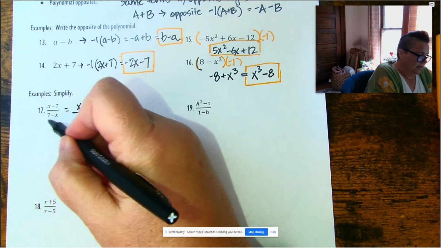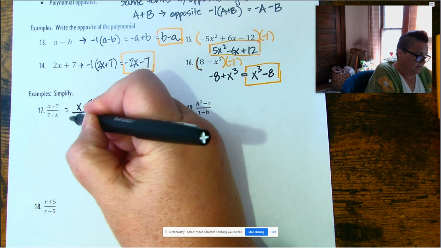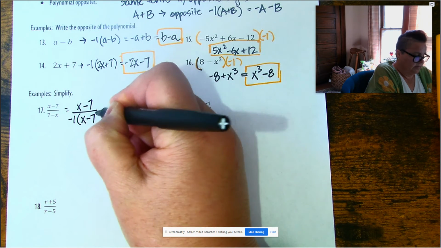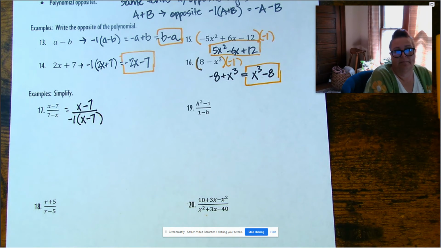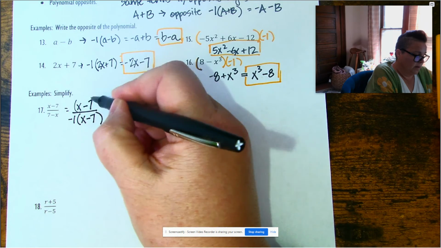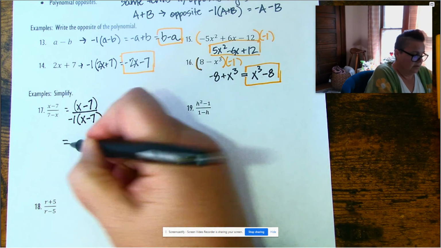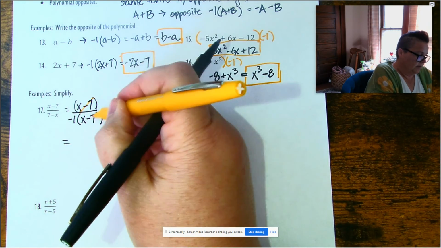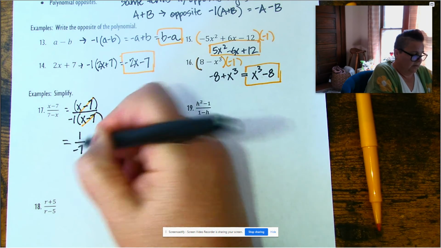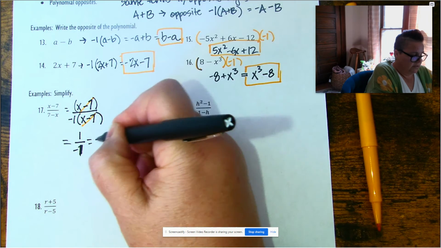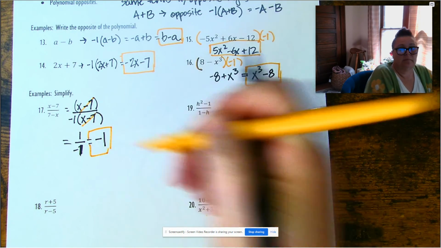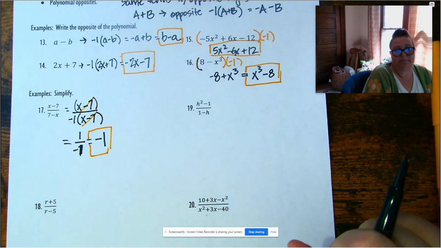So I recognize this 7 minus x as a negative 1 times that x minus 7. Now that I have the same in both the numerator and the denominator, I can cancel the x minus 7, and I'm left with a 1 over a negative 1, which is just a negative 1. Can't do anything more with it.